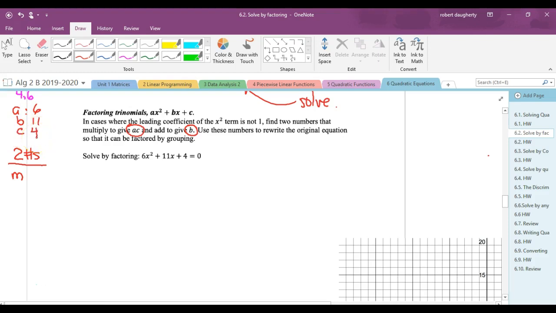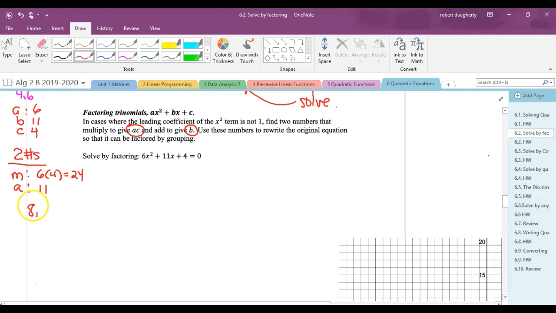So I need two numbers that multiply to give me 6 times 4, which is 24. Those numbers need to add to give me what? An 11. So the difference here is I'm not finding numbers that multiply to 4, I'm finding numbers that multiply to give me 6 times 4. What numbers can multiply to 24 and add to 11?